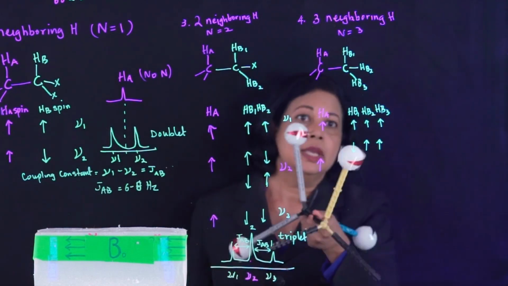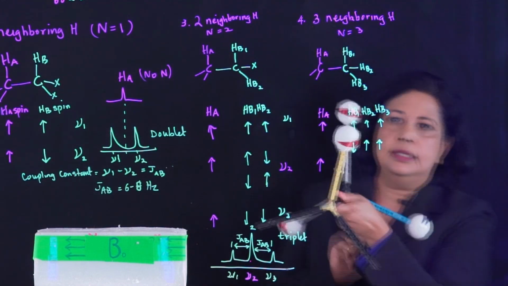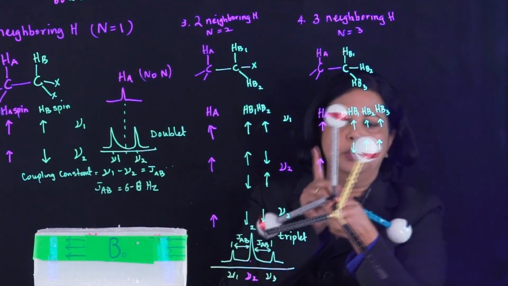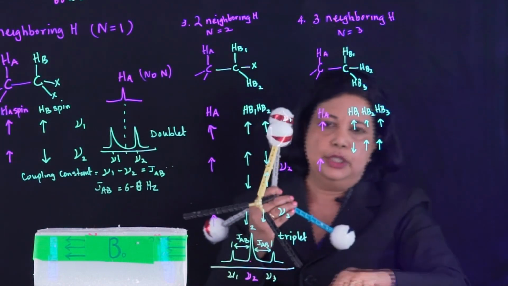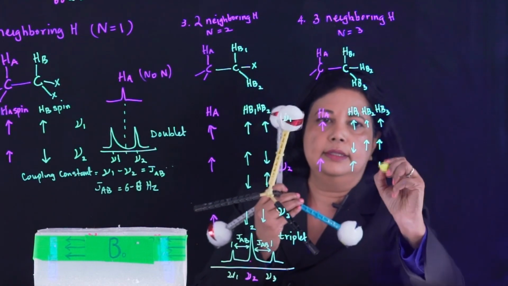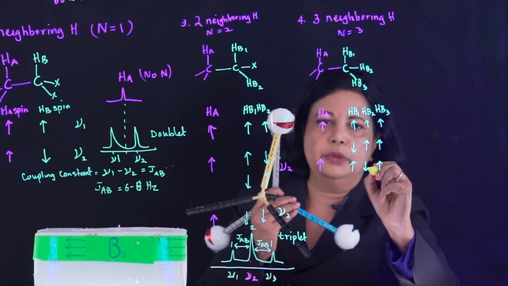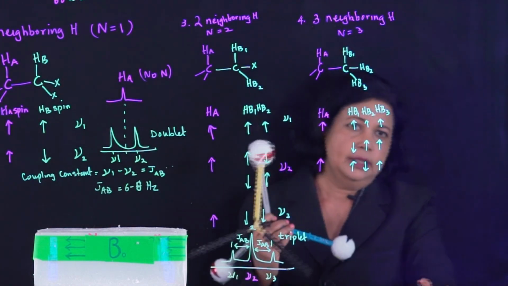Let's look at that. All right, so we can have a situation where HB2 is in the opposite direction and HB1 and HB3 are in the same direction. So let's draw that out. So here this and this, these two are in the same direction. This is in the opposite direction. What are the other possibilities?